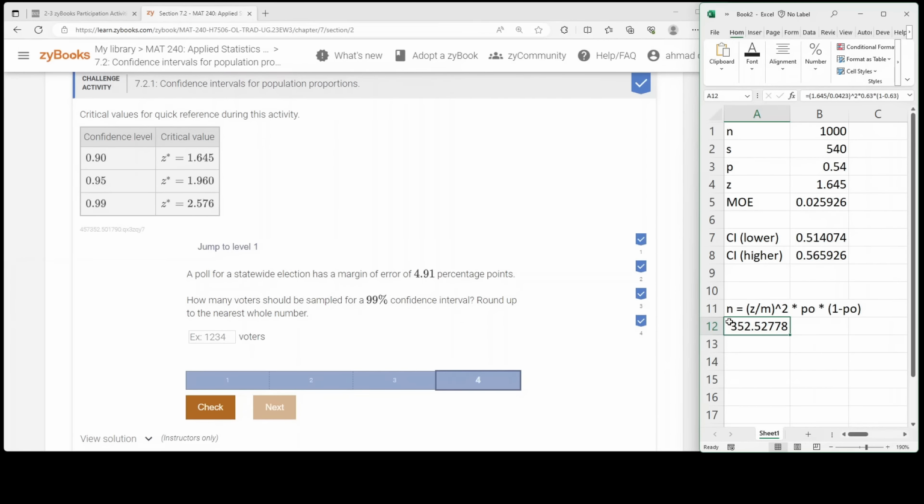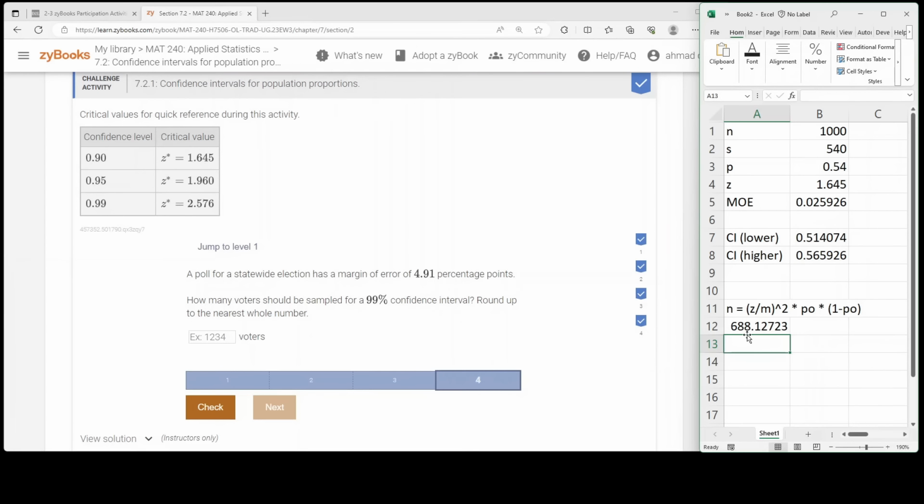So the sample size here would be, let's get rid of this and type it again, Z for 99% is 2.576 over M. The margin of error is 0.0491, so it's 4.91 percentage points, and we need to convert that here. We take the square of that times 0.50 times 1 minus 0.5, which is also 0.50.